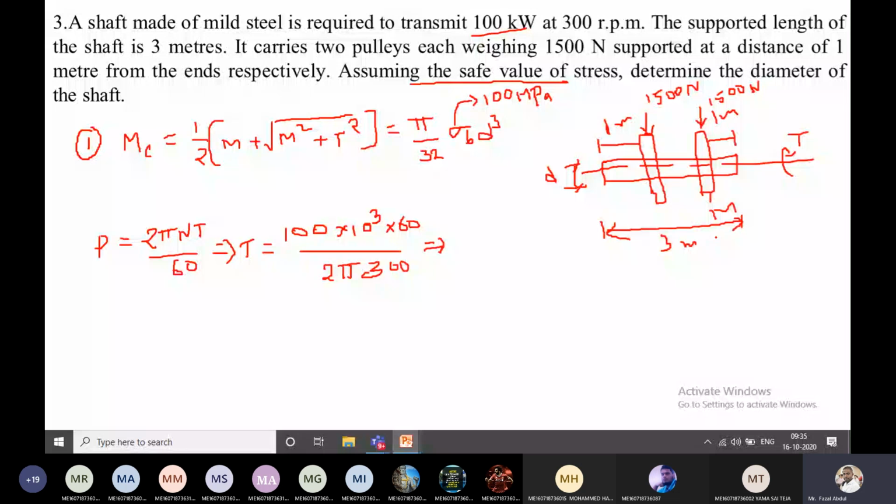Now see the diagram. The shaft is subjected to a combination of torsion and bending. Because the pulleys are mounted on the shaft, it is going to bend, and because power is transmitted through the shaft, it is subjected to torque. So first, analysis of the problem is important, as I said in earlier classes.